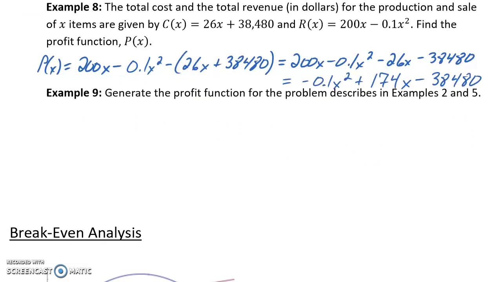In example 9, we want to refer back to examples 2 and 5, and we want to generate the profit function based off that information. In example 2, we came up with a price demand function.